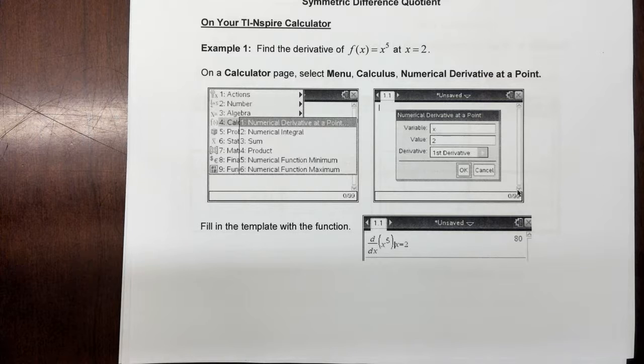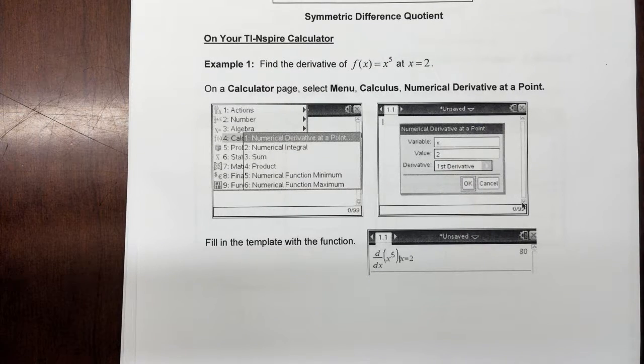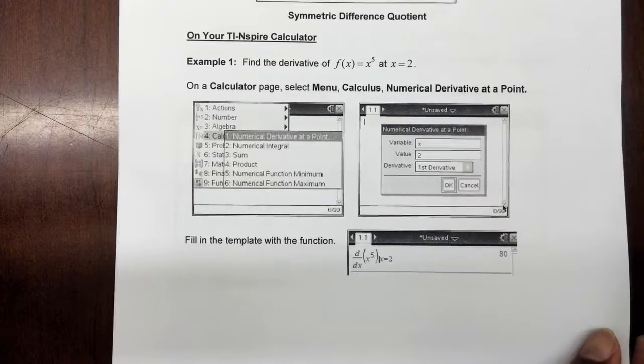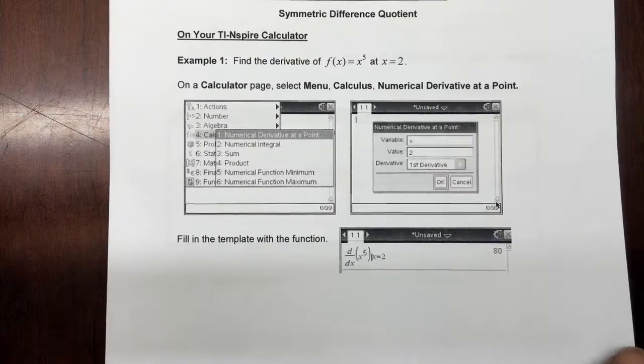So tomorrow in class, I will give you another version of these last 2 pages that focus more on the type of calculator that we actually have at PHA. You can read through these instructions. They are still similar to the instructions you'll get tomorrow, but these are not going to be 100% helpful because these are not the type of calculator that we have. So just moving on to that last section.